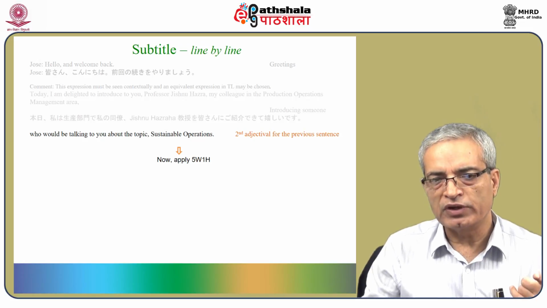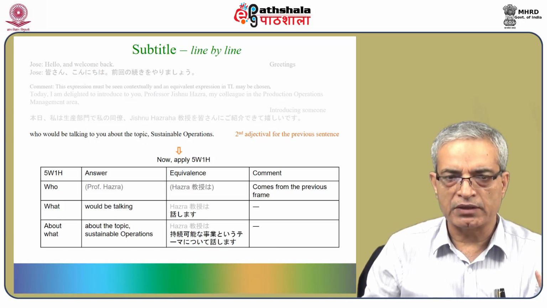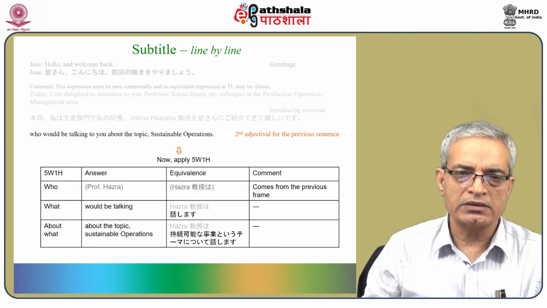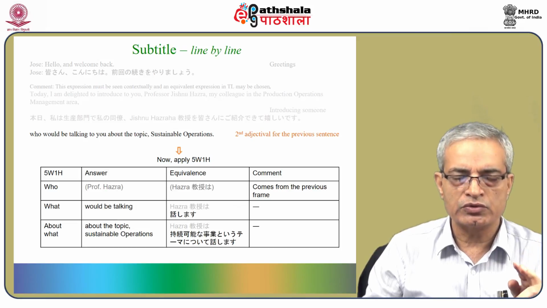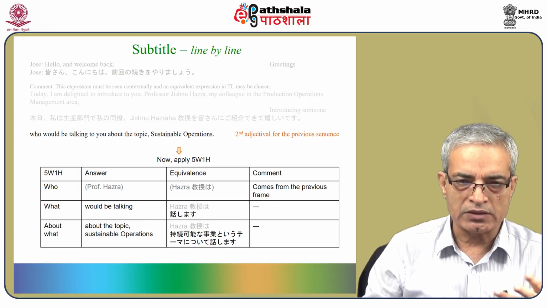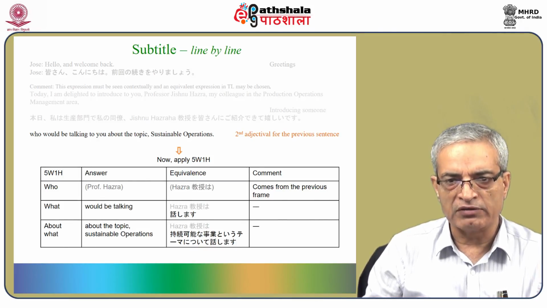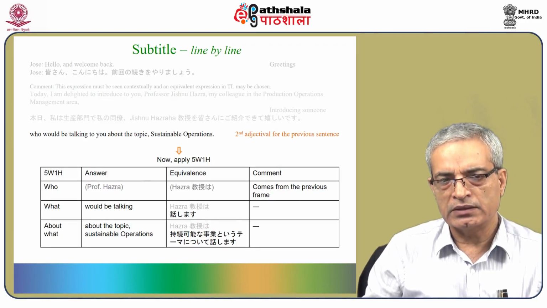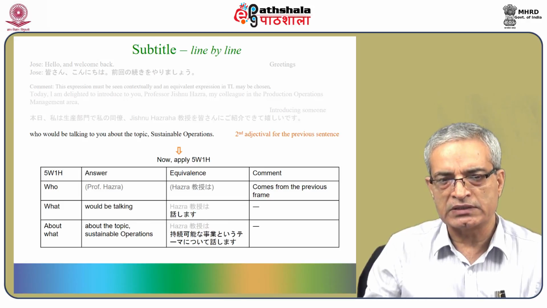Let's apply 5W1H. The questions can be who, what, when, etc. But the hint here is that you start with something. You know, it says who would be talking to you. So there's a hint already there. So I say who. The answer comes Hazara Kyoju, and because this will be most probably wa will go with it. And then what is he? Who is he, or what he is saying?